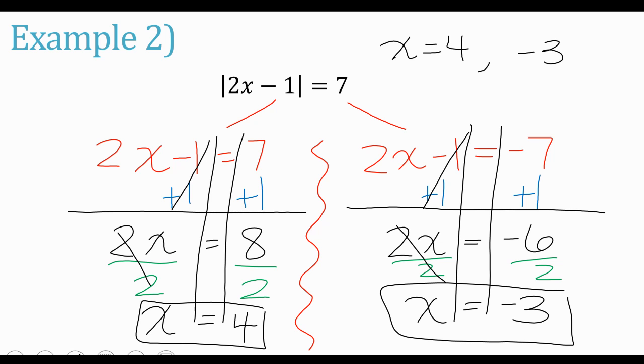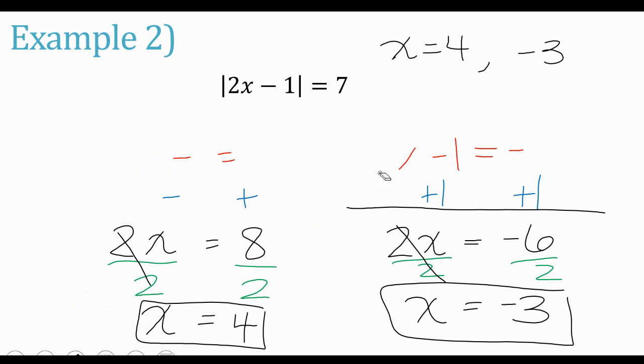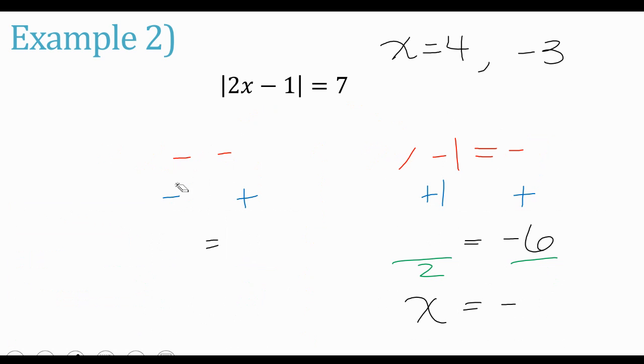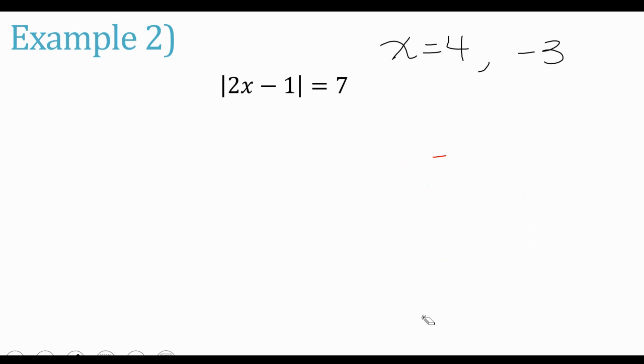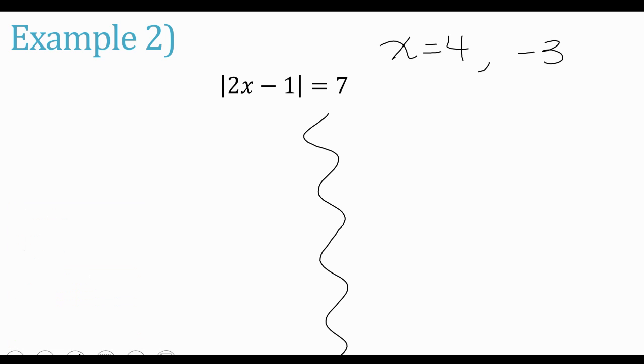Okay, so I'm going to go ahead and erase this because we solved it. And I just want to plug these in and see what we get, just to check it, to make sure we have the right answer. It's really easy to check your answers when you're solving equations. So I have the absolute value of 2, instead of writing x, I'm going to write 4. I'm going to substitute that in.